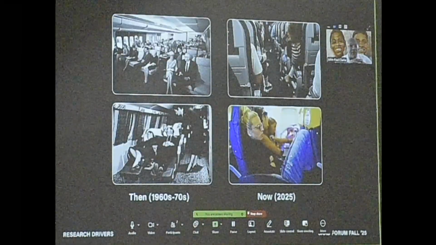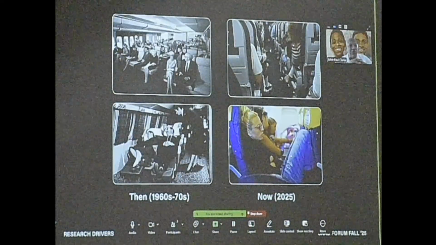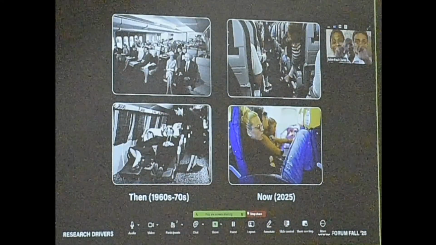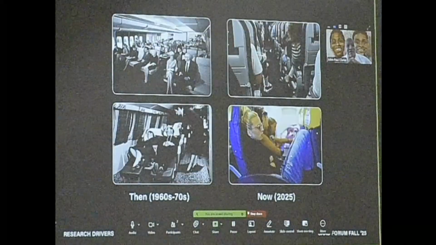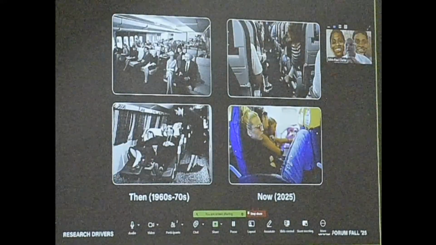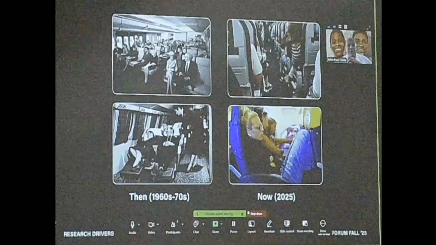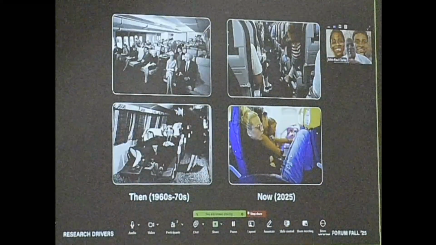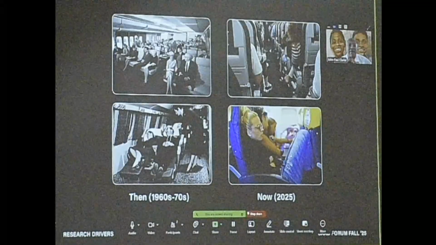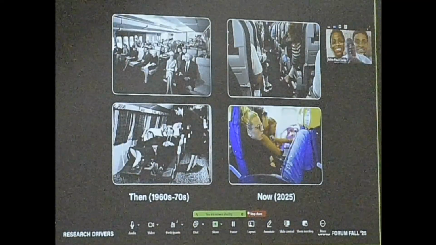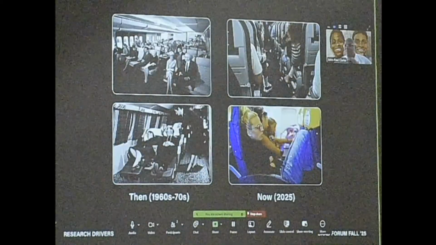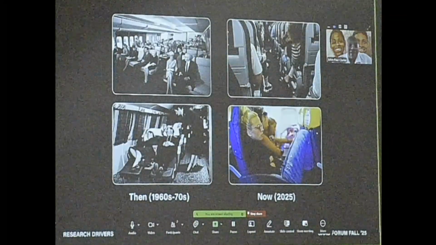Having one door, like we do mostly here, even going from having stairs at the front and the back, having one door because of jetways, has significantly limited the rate at which we can get people on and off. And of course, you have people who have the aisle seat and they board and they put their things in the overhead and the next person has to come on and you have to get up and block the aisle. So it's a very complicated process and a very laborious and sometimes contentious process getting on and off.